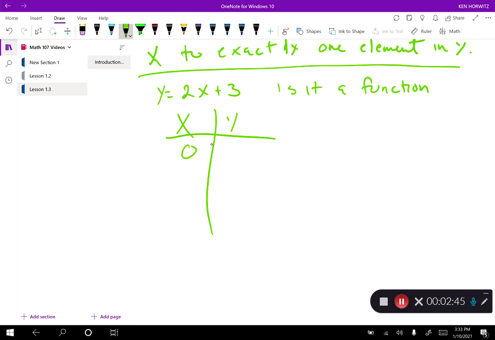Plug in 0, I get 3. I plug in 1, I get 5. I plug in 2, I get 7. It looks like no matter what value I plug in, I'm going to get a different value for y. So 0 can only go to one value, 1 can only go to one value in y, and so on and so forth. Therefore, yes, this is a function.